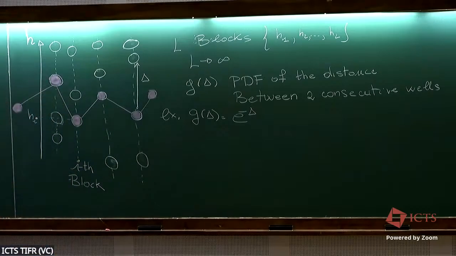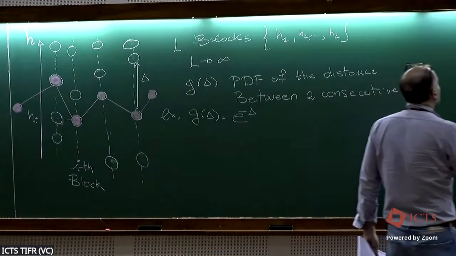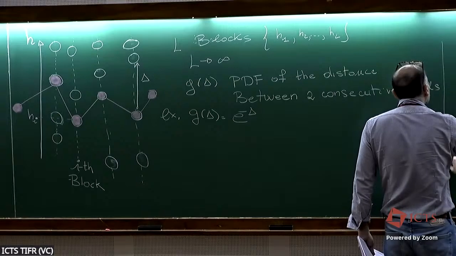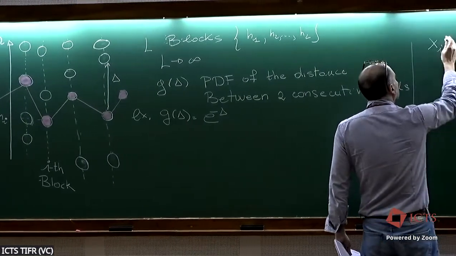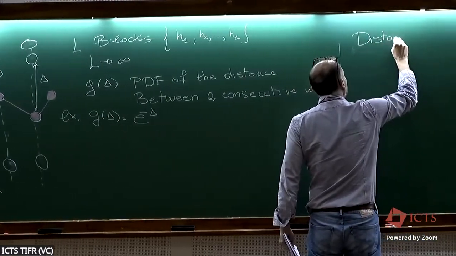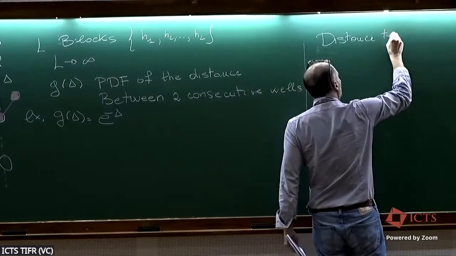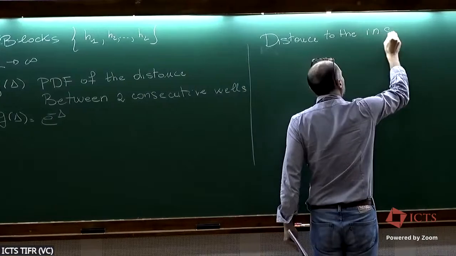Now, what I told you is that the relevant quantity is, let's call it xi. This is the distance to the instability threshold.